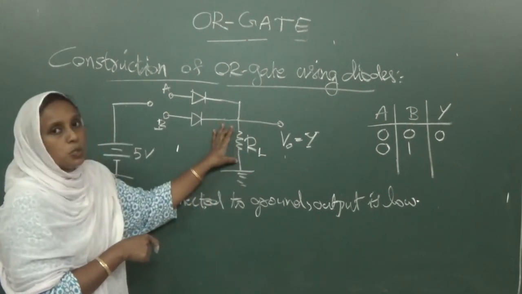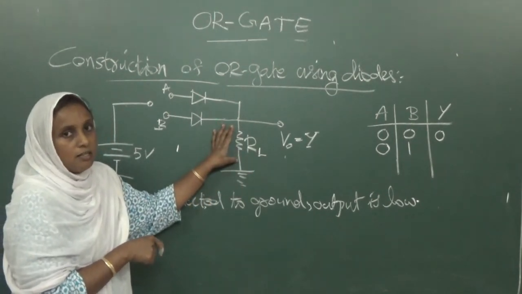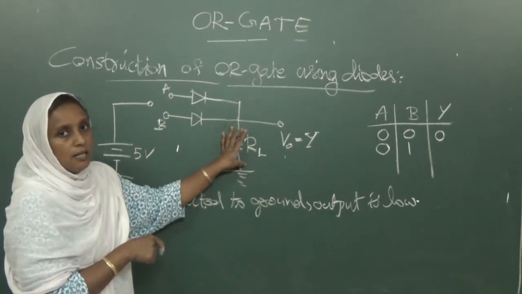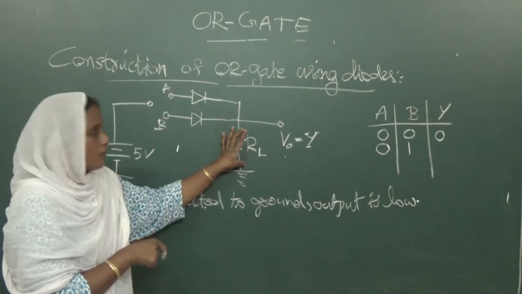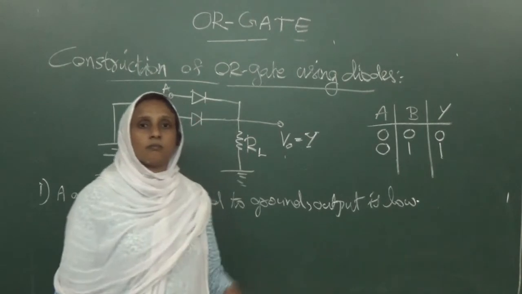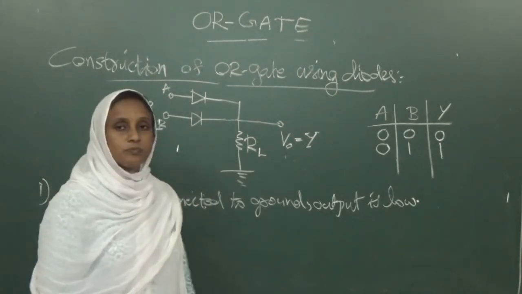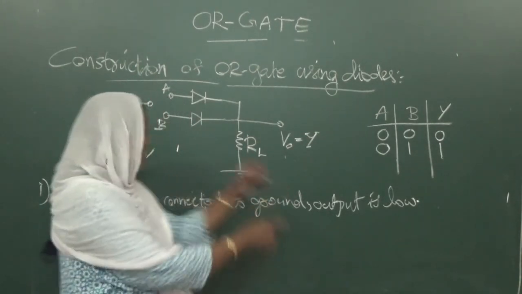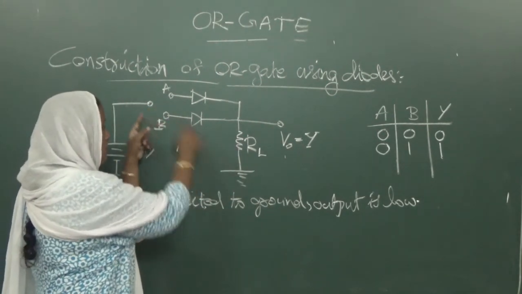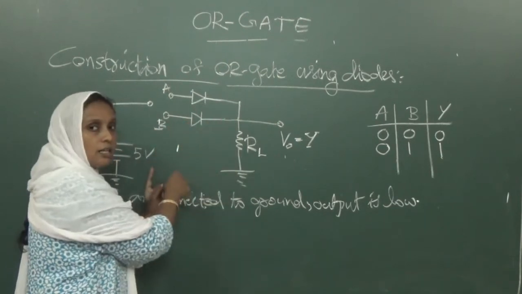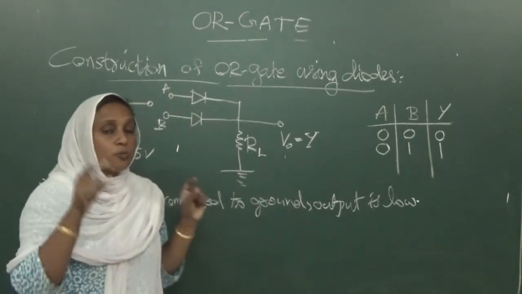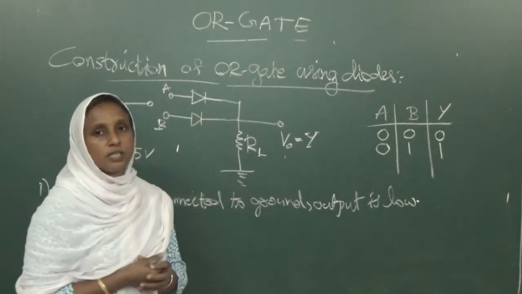So there is a voltage drop across this RL. 5 volt drop across this RL. So here comes high voltage. So if B is high, there is a current flow through this resistor, and so there is a voltage drop, and you get high output because you measure output across this load resistor.